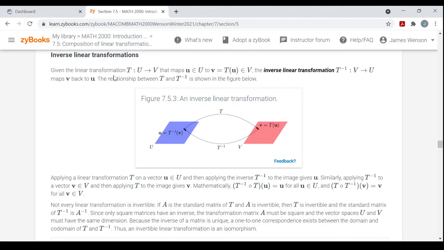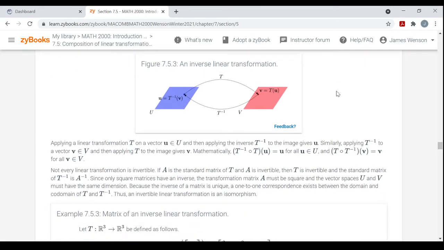So if you're given a linear transformation T, from U to V, and it takes input U to output V, then the inverse will take V right back to U. Right, maps V right back to U. It reverses the mapping. And you see it's called T inverse with the little -1 symbol above it. And it just reverses the mapping.